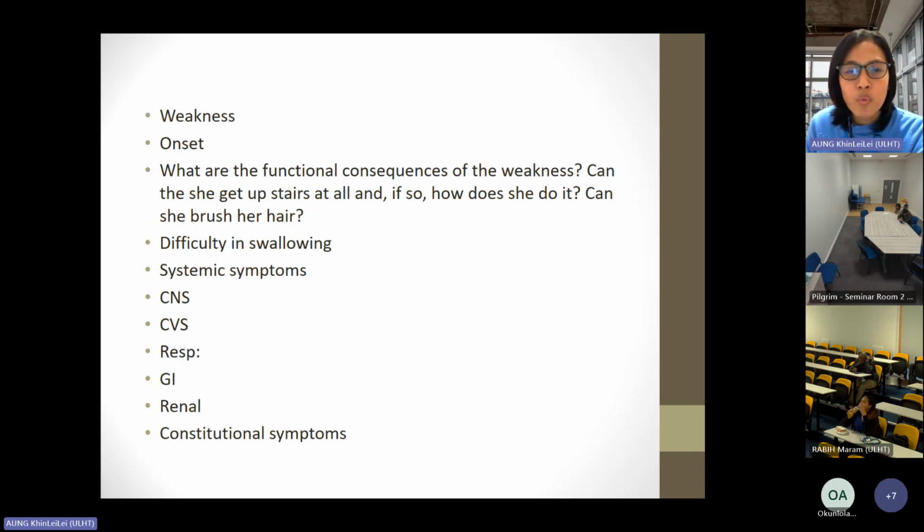After that, we can add systemic symptoms: cardiovascular symptoms, chest pain, palpitation, respiratory system, GI, renal, constitutional symptoms. These are the usual symptoms we should ask when we suspect the patient has connective tissue disease.